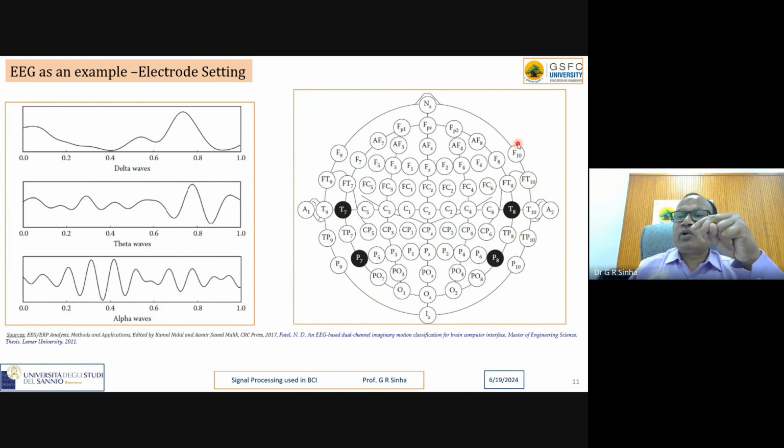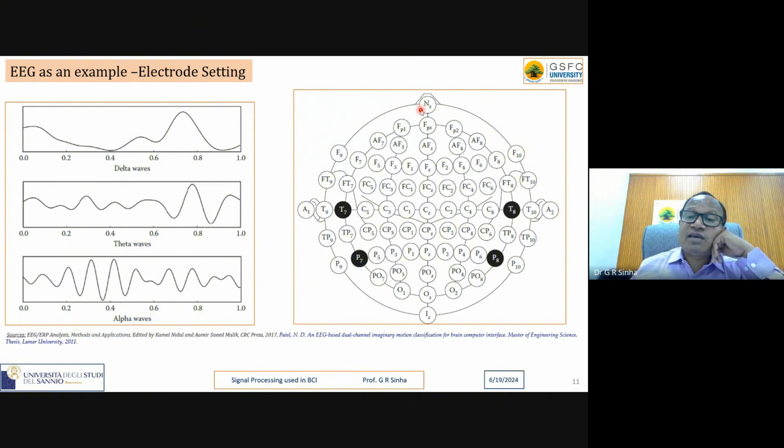One wire will be connected to F10, and the difference between the potential of F10 and A2 will be recorded as the potential of F10, and therefore you always need the reference electrodes. So here A1 and A2 are reference electrodes, and all these are channels.